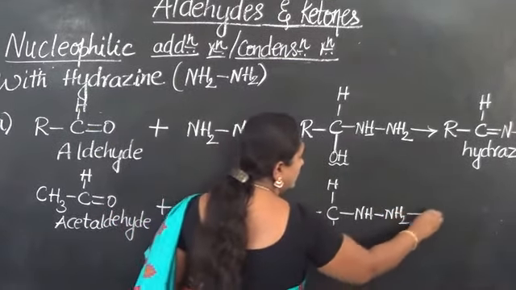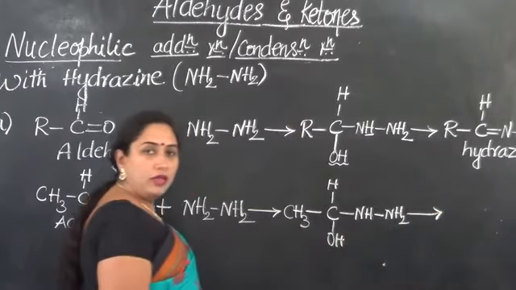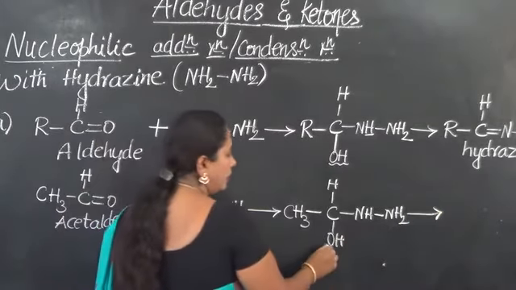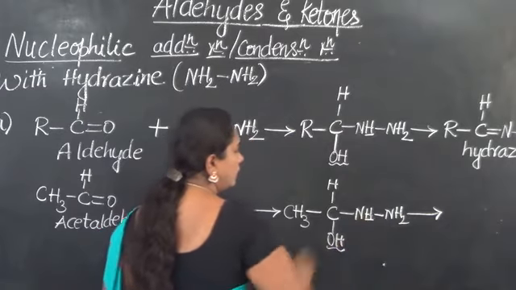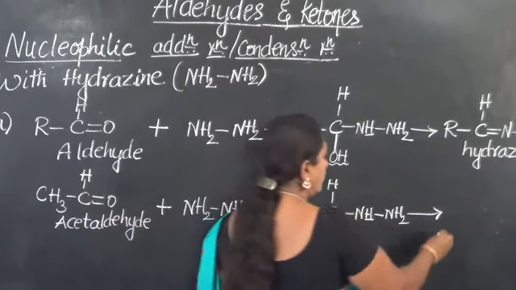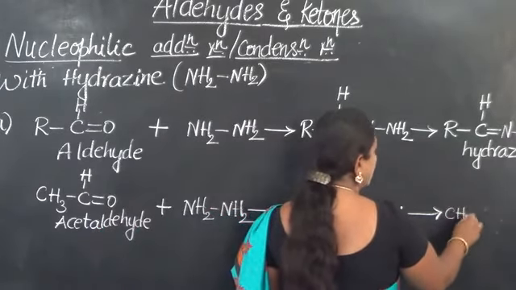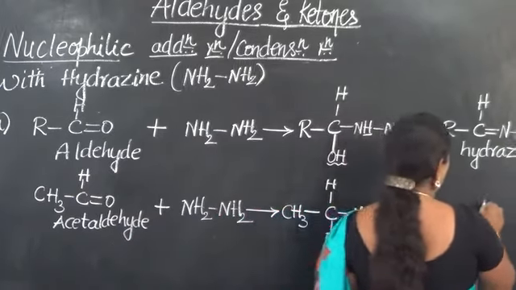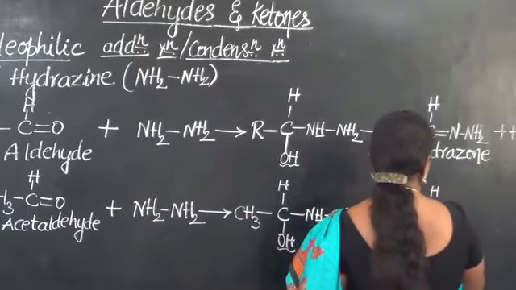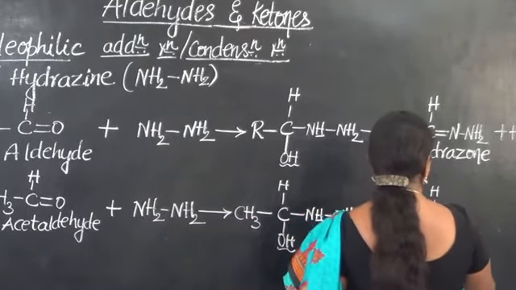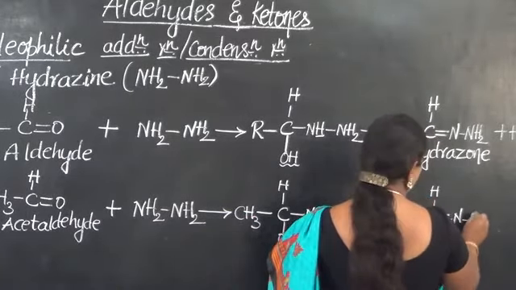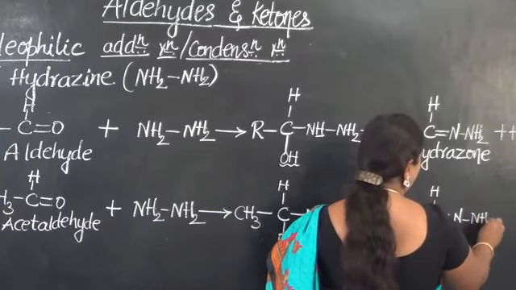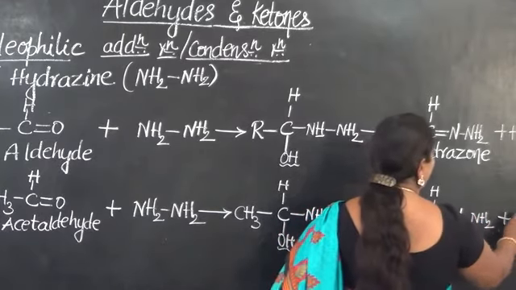Now what happens? A molecule of water will be eliminated, OH from here, hydrogen from here. So therefore we will end up with the formation of CH3, C as it is, above hydrogen as it is, linked with nitrogen by a double bond. This nitrogen in turn is linked with NH2, along with water.